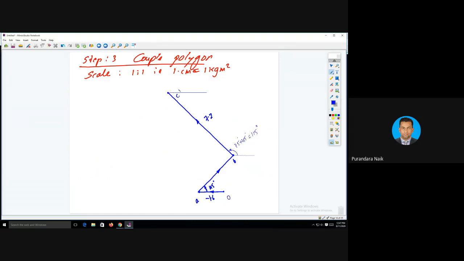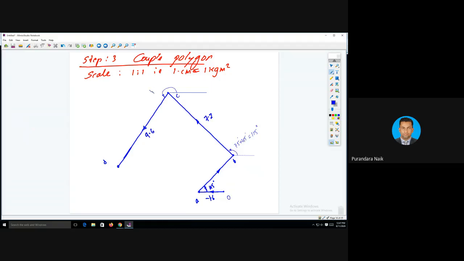Angle is 235. I am going to draw this. 235 will be somewhere here. Yeah, 235. The last point is this one, and we have marked this point as D, with length 9.6 and angle 235. Why is it 235?